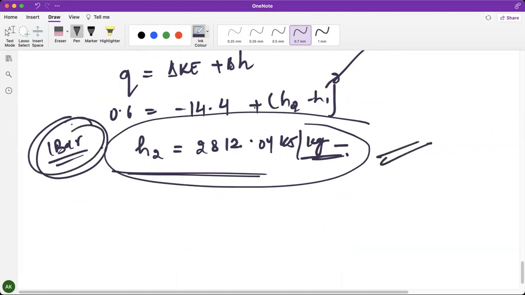Now you need to go to your steam tables, superheated steam tables. We will be going there. Now open them and go to the 1 bar option in the superheated steam tables.